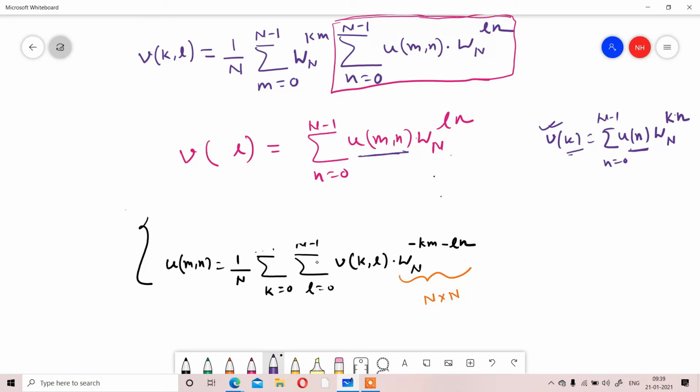So from n to k you are getting it by n equal to 0 to n minus 1, and from n you are getting that k. Here you are varying n from 0 to n minus 1, and from that n you are getting that L. So spatial domain n represents frequency domain L here, that is okay.